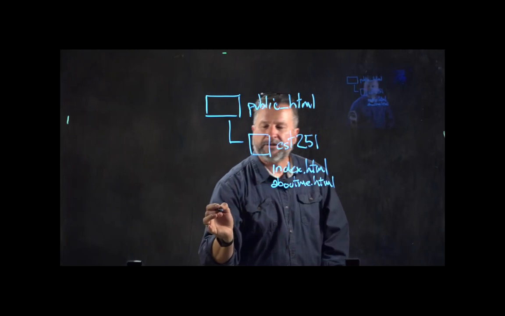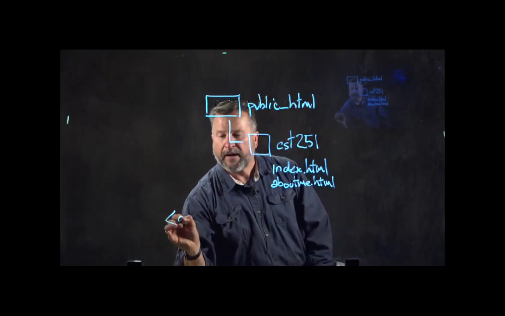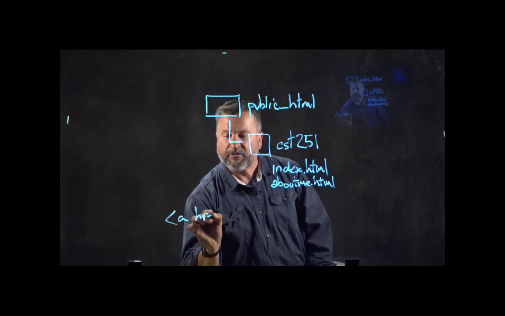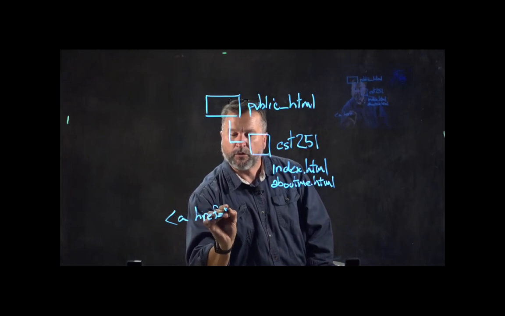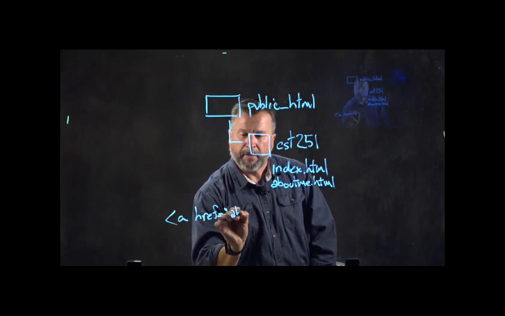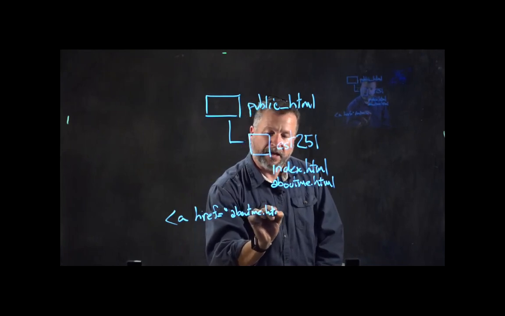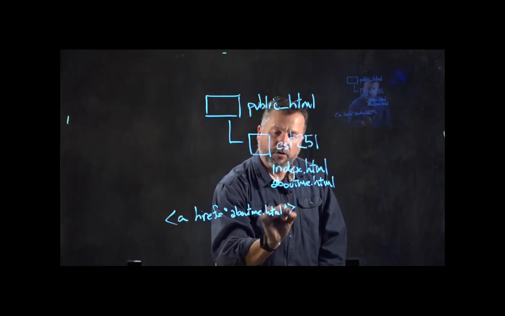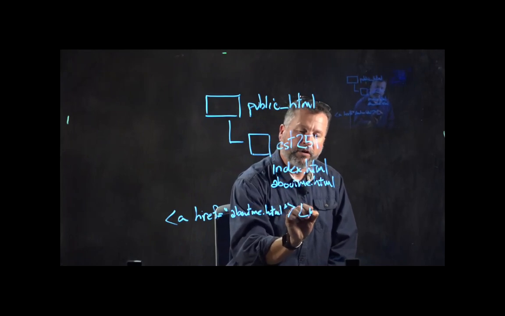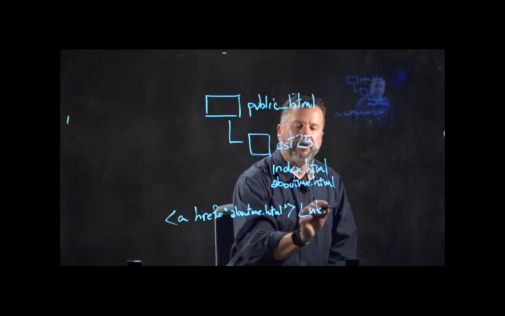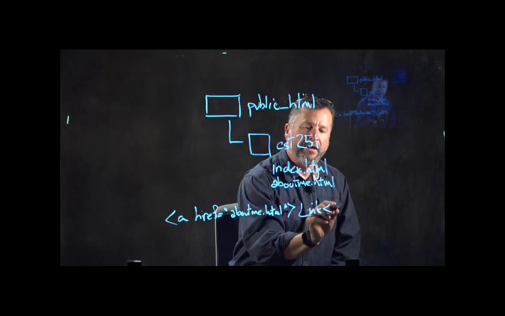In the index page, it's simple. You just say anchor href equals quote about me dot html, close quote, close the tag, type the word link or some other thing, about me, whatever, and then we close the tag.